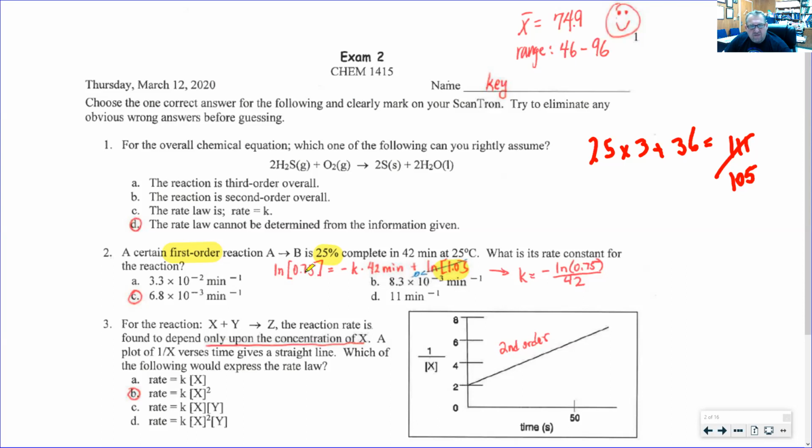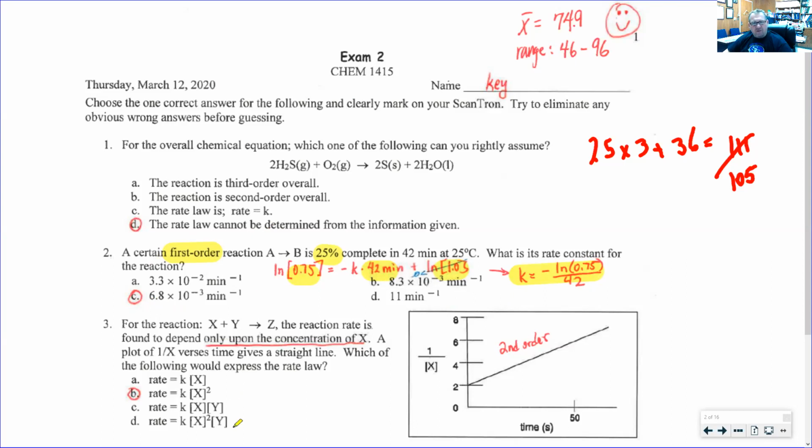If 25% of it was lost, that means the remaining concentration would have been 0.75 if I started at 1, and then I put in the value for the time, and then you solve for k. And when you do that, you find that k is equal to the natural log of 0.75 divided by 0.42. That was a pretty difficult question, and a lot of you missed that one. We didn't work many examples where you solve for k like that, but C would have been the correct answer.